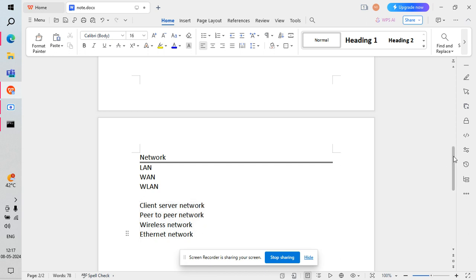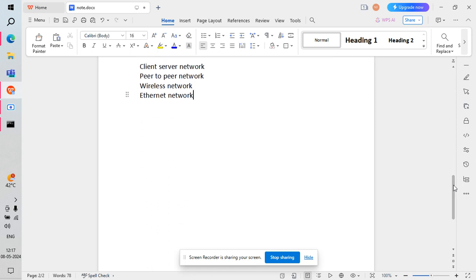So network facilitates communication and data exchange between devices, enabling the sharing of resources such as files, printers, and internet access.